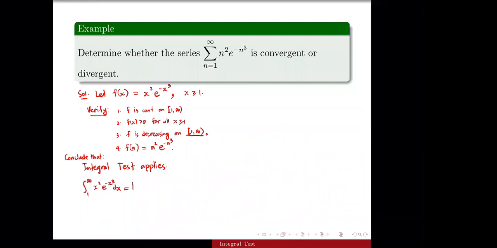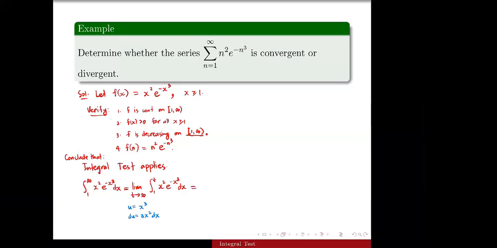So by definition again, limit as t approaches plus infinity of the integral from 1 up to t of x squared e raised to negative x cubed dx. Then u equals x cubed, du equals 3x squared dx.